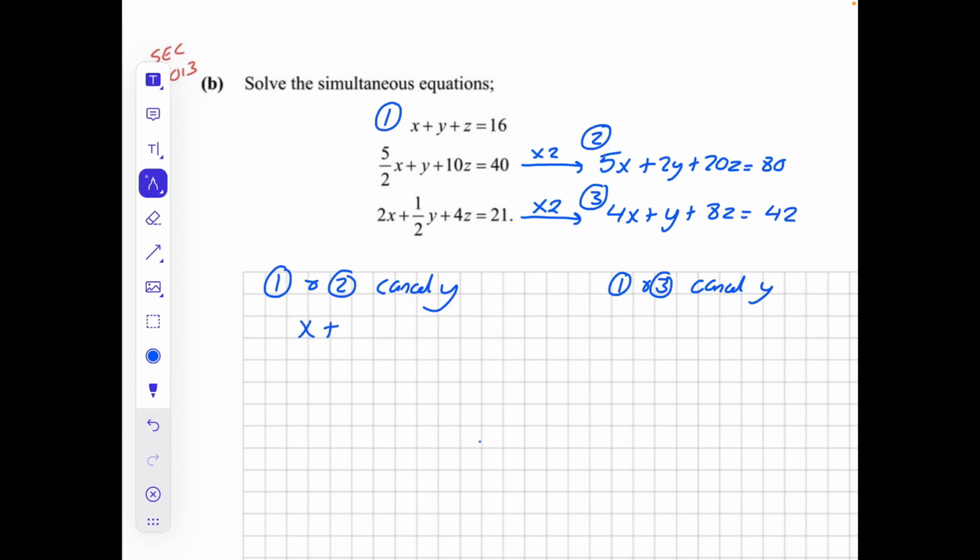1 and 2, and cancel y. So it's x plus y plus z is equal to 16. I need the y's to cancel, so I'm going to multiply that top line by -2.